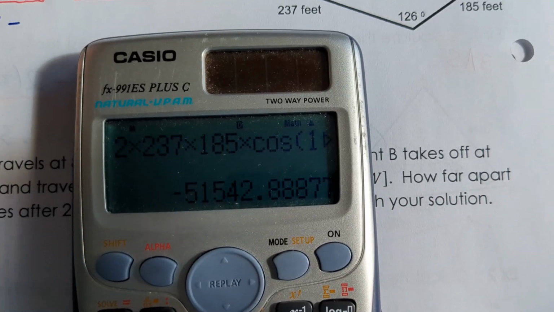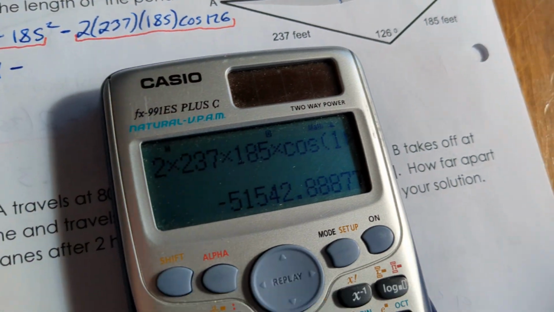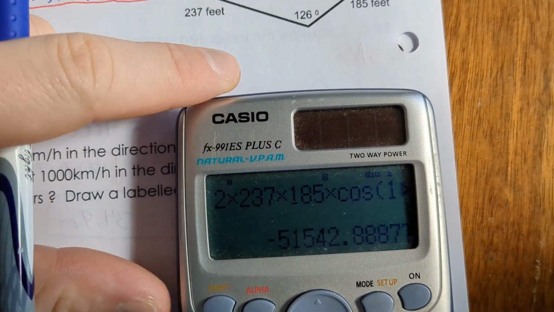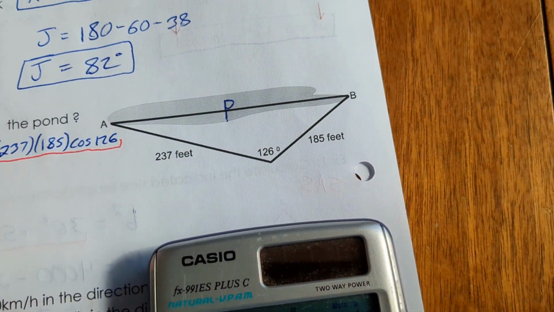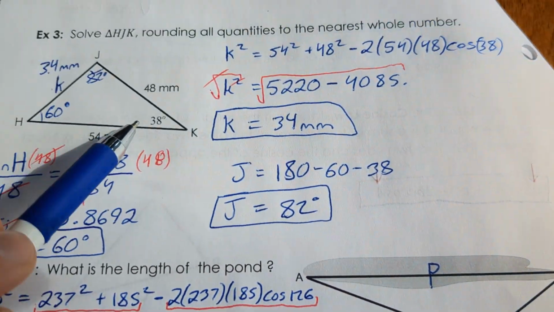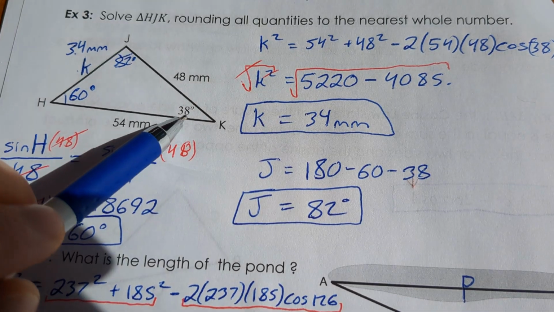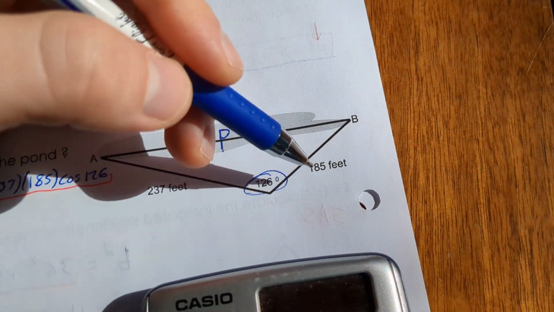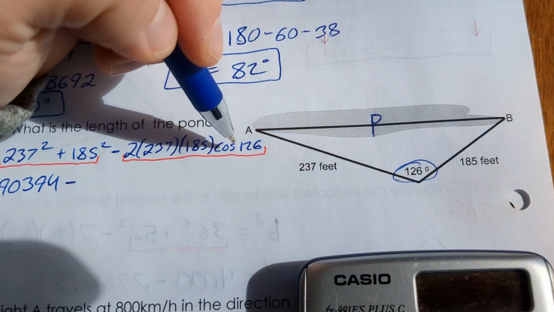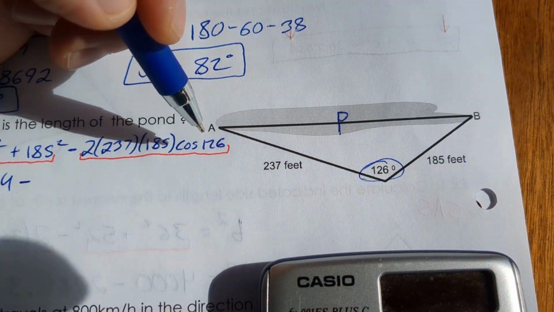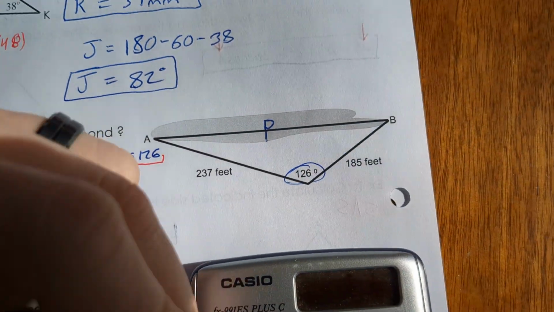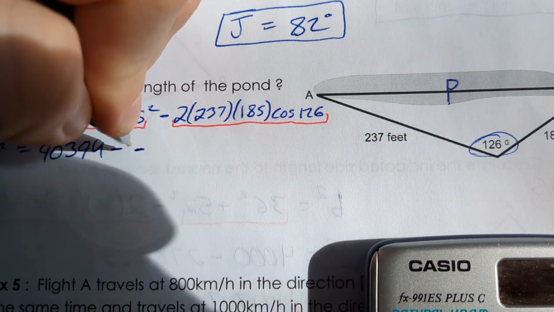And you'll see we get a negative number. Okay? This might seem strange, but what happens with cosine is when you take the cosine of an obtuse angle, notice every angle we've done so far has been an acute angle. Obtuse means it's greater than 90 degrees. If we take the cosine of an obtuse angle, we know it's going to be negative, okay? So we're subtracting still our answer. So we're subtracting a negative.